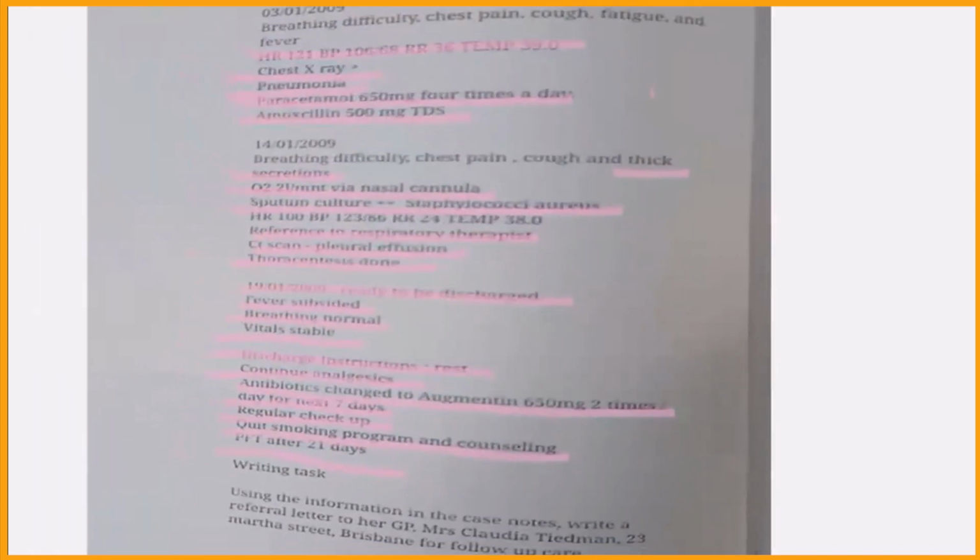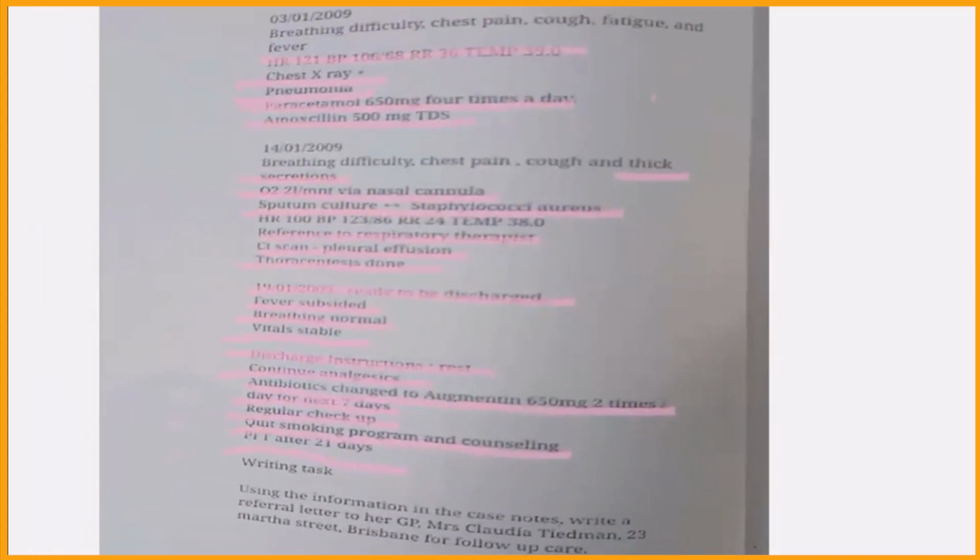Then write, today, Miss Charlotte has made good progress. Instead of saying the fever subsided, the WBC is normal, the vitals are stable, finish it off in one line. Miss Charlotte has made good progress.